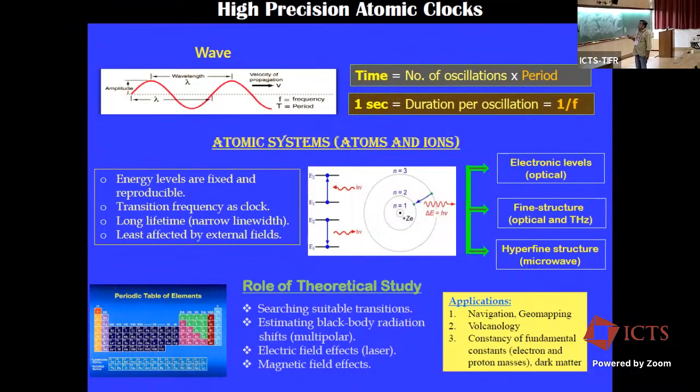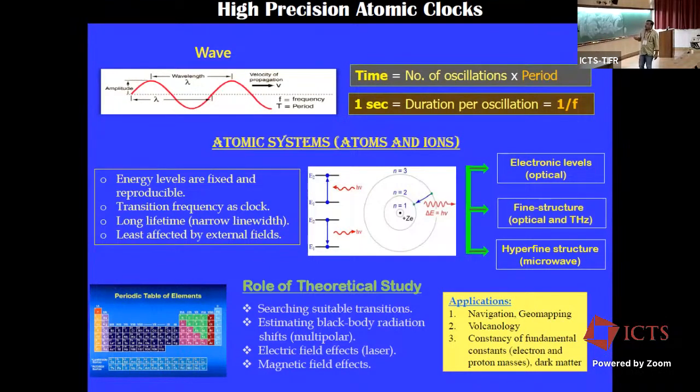Now in atomic systems, when I say atomic system, it could be atoms, ions, or molecules, the energy levels are fixed, and we can reproduce them anywhere we like. So if we can measure the transition frequencies between the atomic energy levels, those transition frequencies can be used to define this second. That is the basic principle of using atoms as clocks.